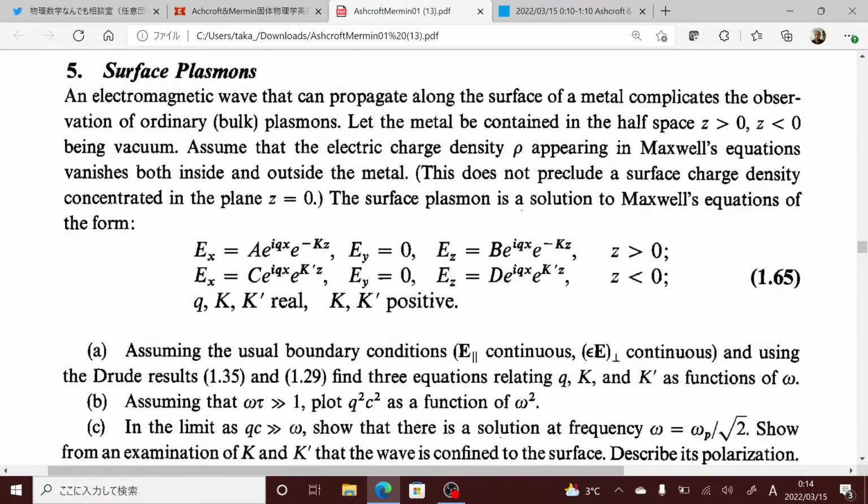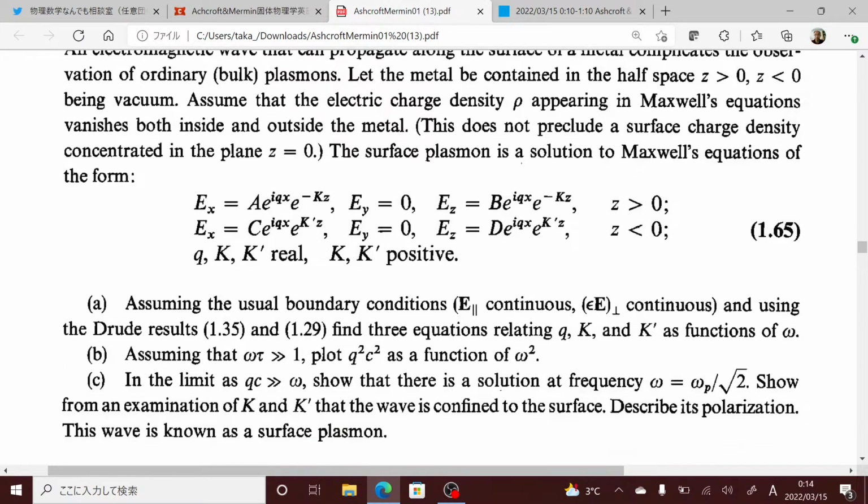This does not preclude a surface charge density concentrated in the plane z equals 0. The surface plasmon is a solution to Maxwell equations of the form, complicated, q, k, k prime real, k, k prime positive.